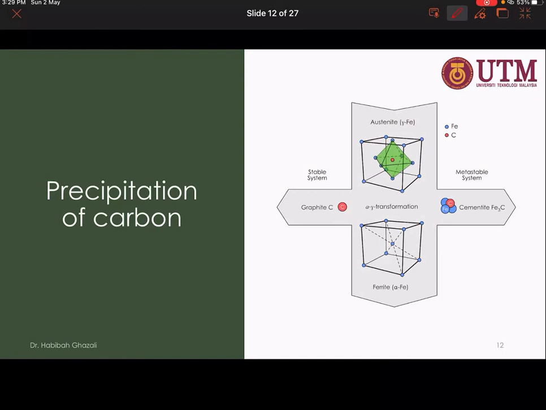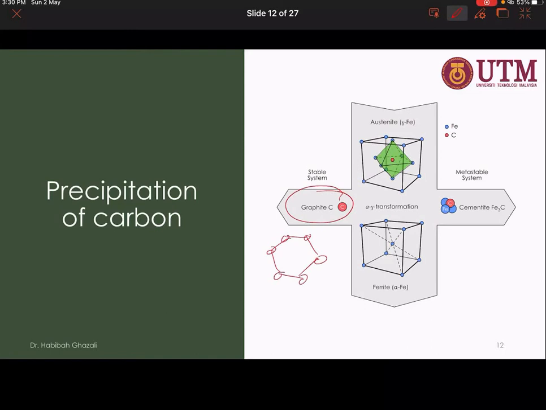Carbon atoms come together to form a hexagonal lattice, which is graphite. Hexagon shape. This is carbon graphite, with normal graphite atomic bonding.